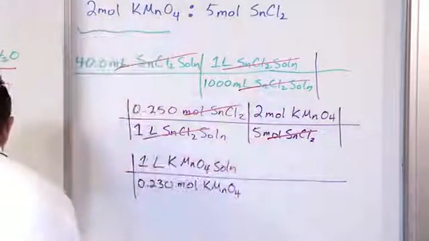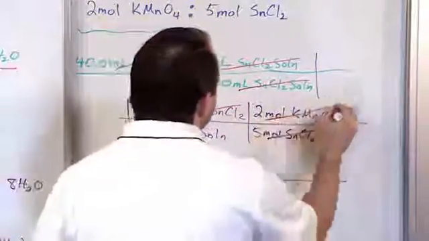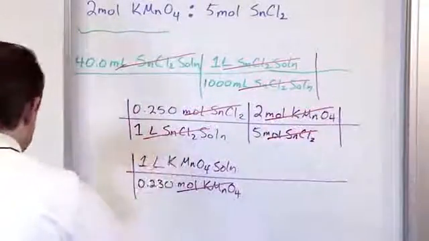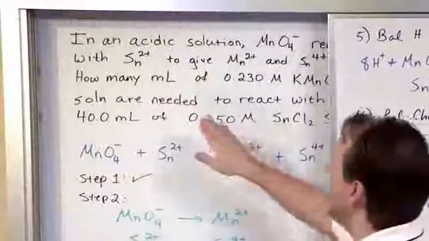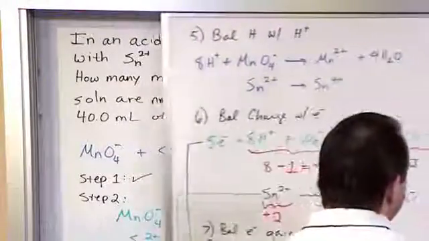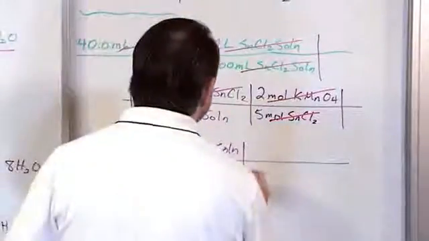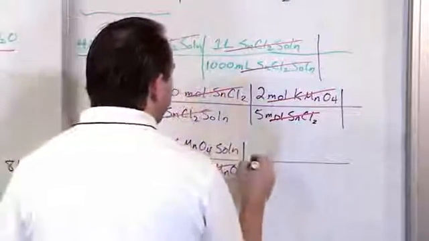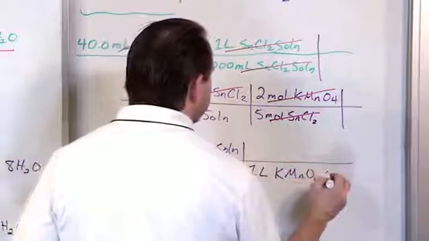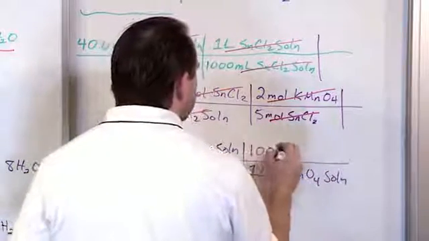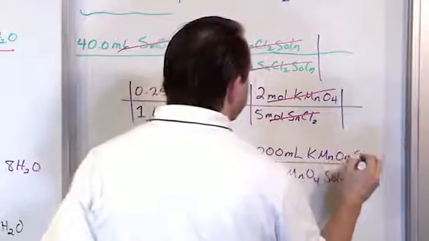So if I've done my unit cancellations right, I've got moles of potassium permanganate canceling with moles of potassium permanganate. Now I've got it into liters of that solution, but it's not asking me how many liters, it's asking me how many milliliters. So I have to convert that final answer to milliliters. So what I'm going to have is 1 liter of potassium MnO4 solution is 1,000 milliliters of potassium MnO4 solution.